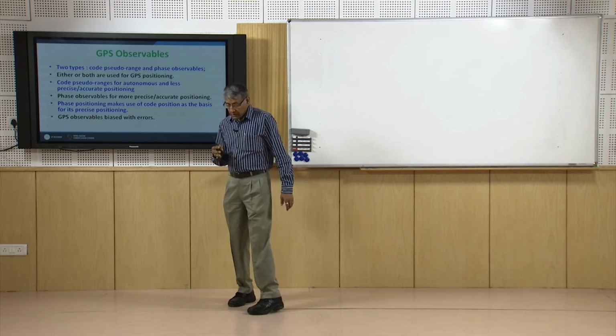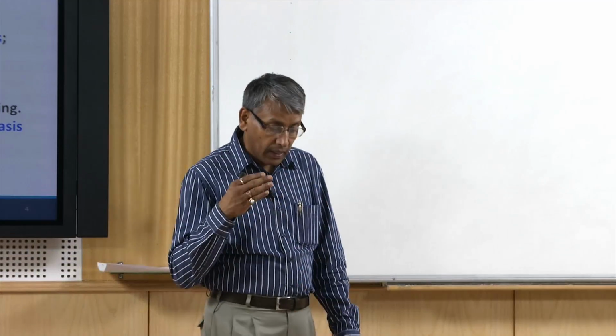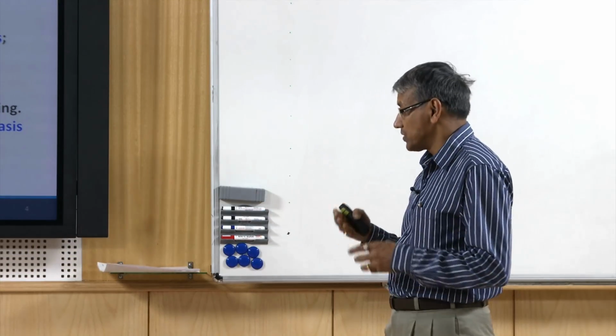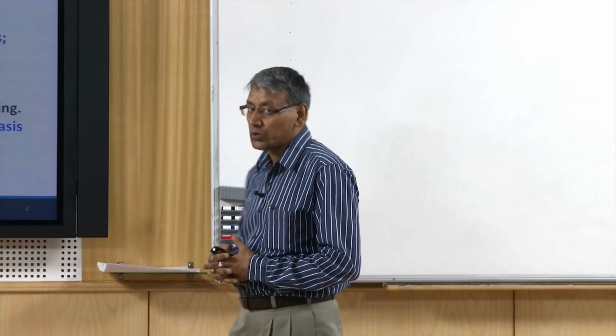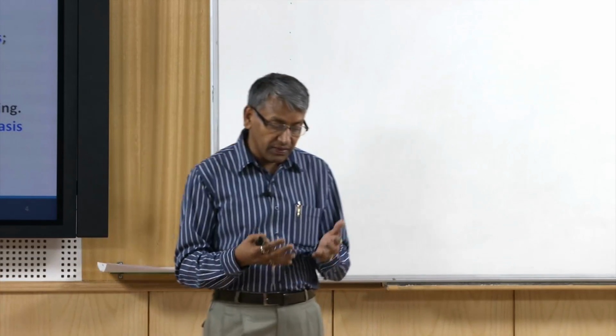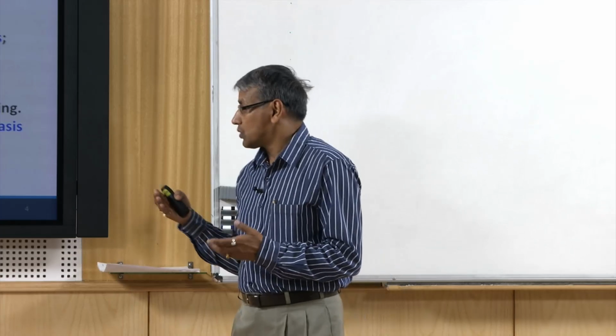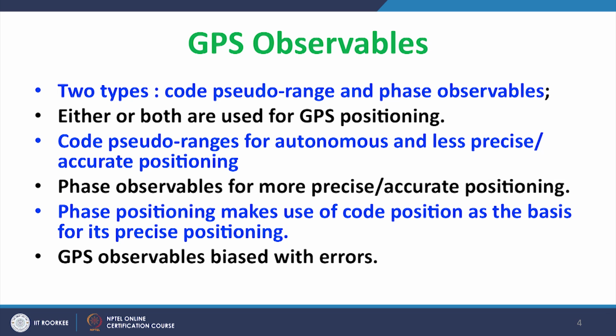Now the code pseudo range is always the first parameter used to find the position of a GPS receiver, and that is quite approximate. That is the first thing we need to determine, and subsequently, for precise estimation of position, we make use of phase observables.